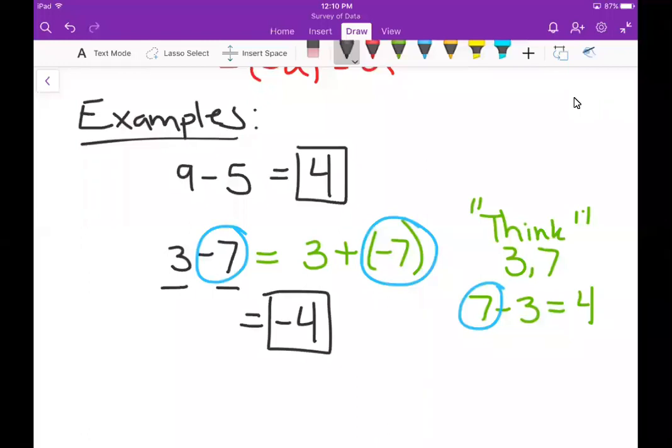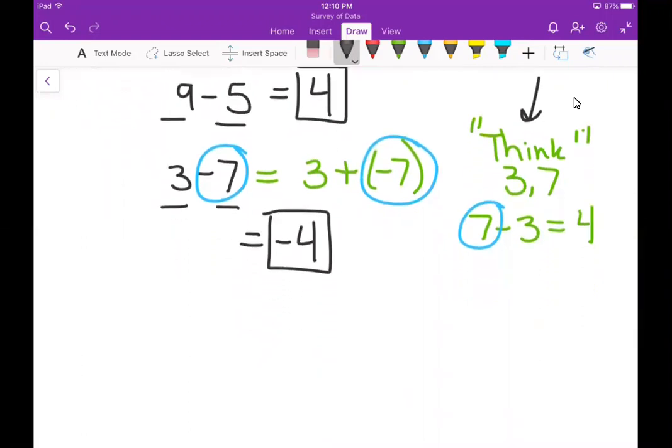I didn't have enough to take away. Whereas here I had a positive number, I had enough to take away, and so I ended up still with a positive number. This is just a way to think about it. If you saw that that was negative 4 from the beginning, that's awesome. The more you do them, you might start to see some of those things a little more clearly. But that's what's going on there. If we take away more than we have, then we're going to end up with negative numbers.